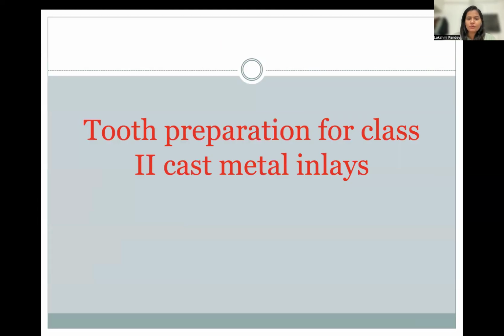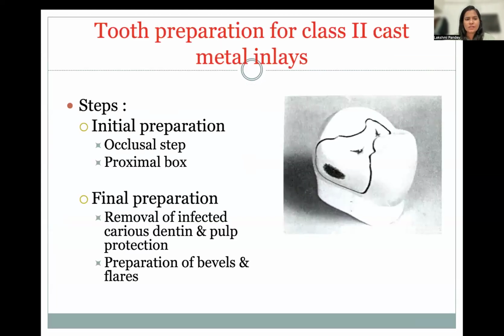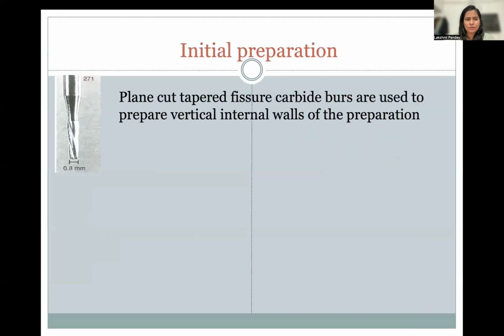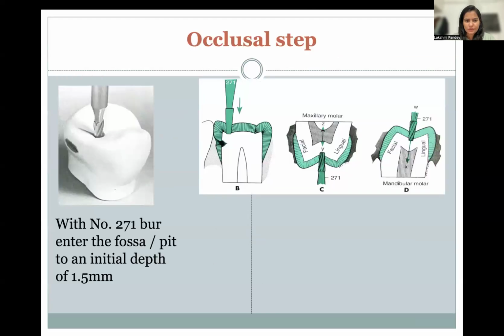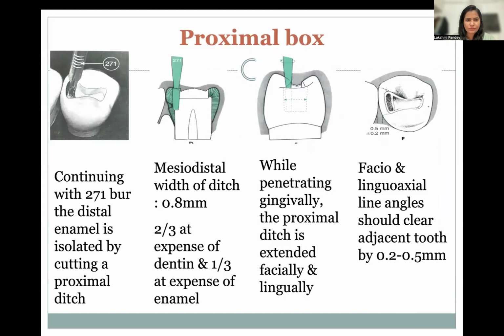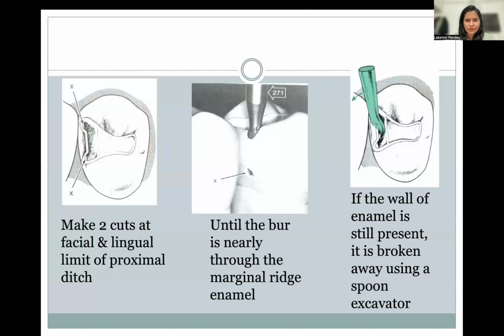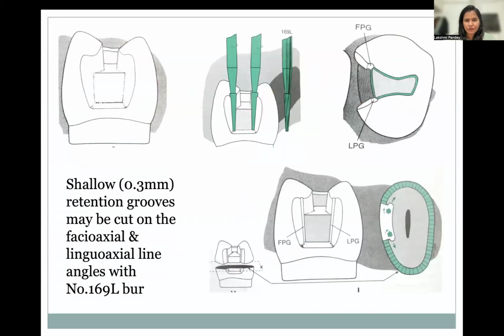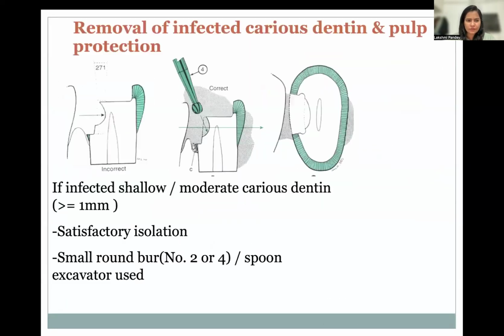Convenience form is there. Now for tooth preparation, it's the same initial form burr you have used. You can skip. It's the same as how you do class 2 restorations. Retention forms, if needed, you can give.